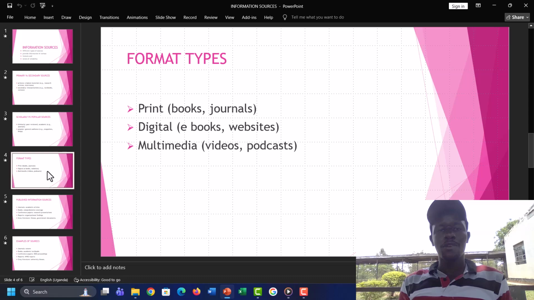For instance, the printing ways, like books and journals that are printed in many cases. The digital ways, for instance e-books, where people look at their book from the computer when they do not have time to print.